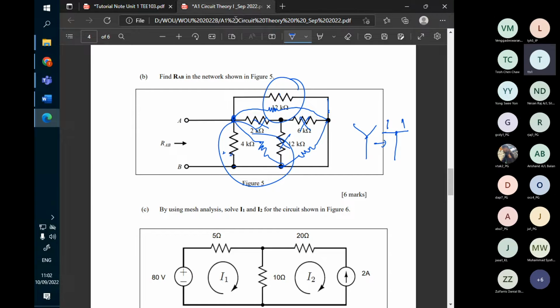This one you still need the technique I just showed you to convert from the delta to the T, or convert from the Y to the delta. Then after this you use the parallel and series formulas to find the R total, or the textbook likes to use REQ, R equivalent, for the whole resistance here.